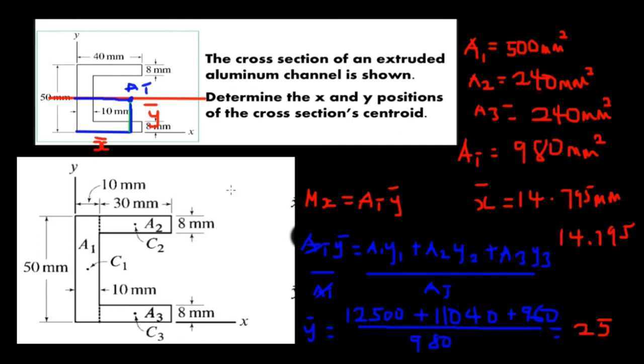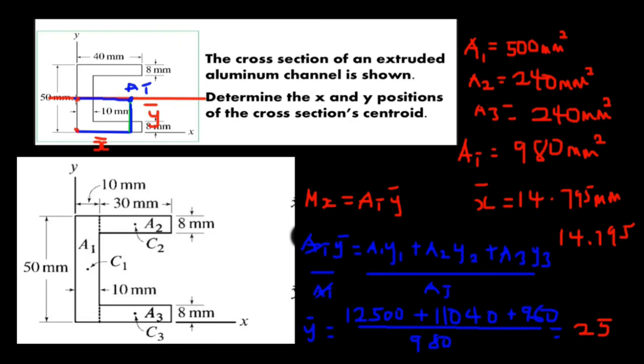This tells you that before you can locate the centroid, or the center of area, you must move a distance of 14.795 on the x-axis, and then a distance of 25 millimeters on the y-axis. You realize that 25 millimeters will be from this point to this point, on the axis of symmetry. That's the line that cuts this figure into two equal halves.